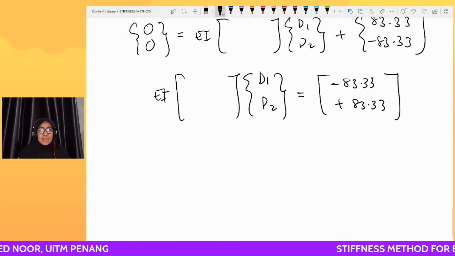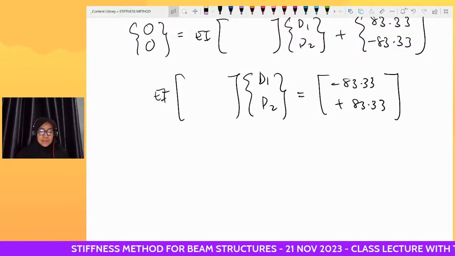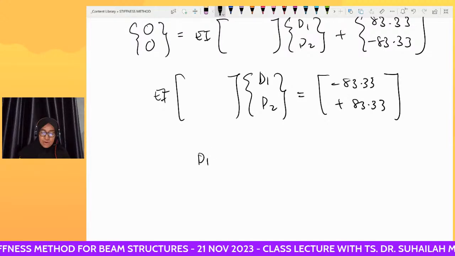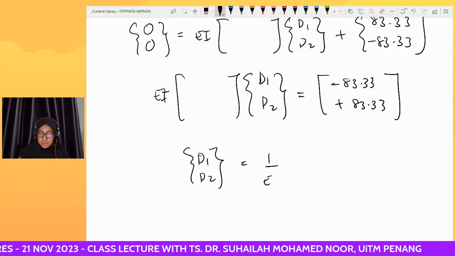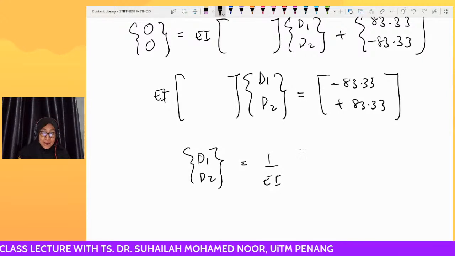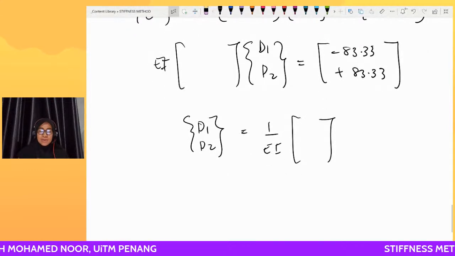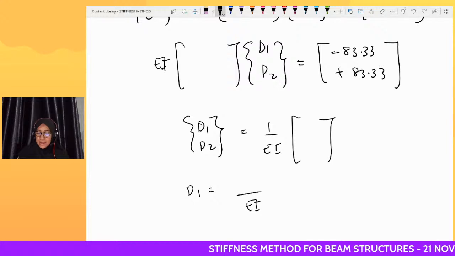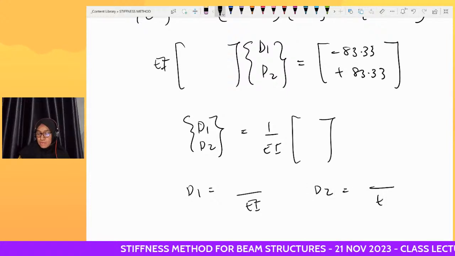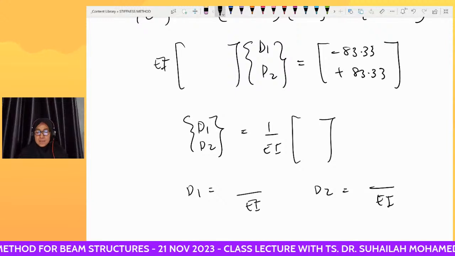Okay, if EI is given, you divide by EI also. If EI is not given, you can just give the value of D1 and D2 over EI like this. Then you get D1 in terms of EI and D2 in terms of EI.